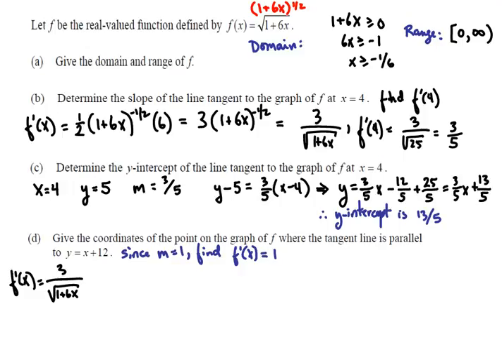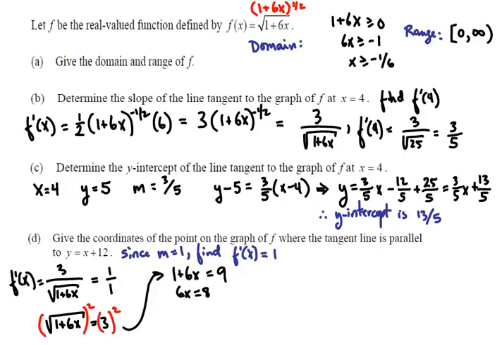We set that equal to 1, cross multiply, and we would get the square root of 1 plus 6x is equal to 3. To solve this, you have to go back to pre-calculus and algebra 2. We solve this by squaring both sides, and 1 plus 6x is equal to 9, or 6x is equal to 8. So x is equal to 8/6, or 4/3.